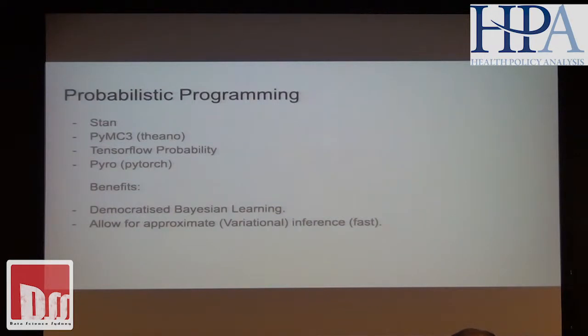Actually, there's some functionality that goes beyond Stan, at least from my definition. There's TensorFlow Probability, I haven't used it so much, and then there's Pyro. The common thing between the last three is that they lie on top of a deep learning platform, right? So PyMC3 uses Theano, TensorFlow obviously, and then Pyro is on PyTorch, right?